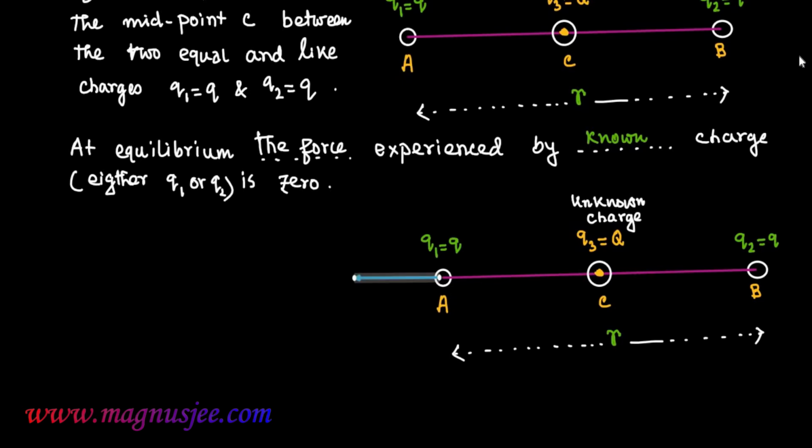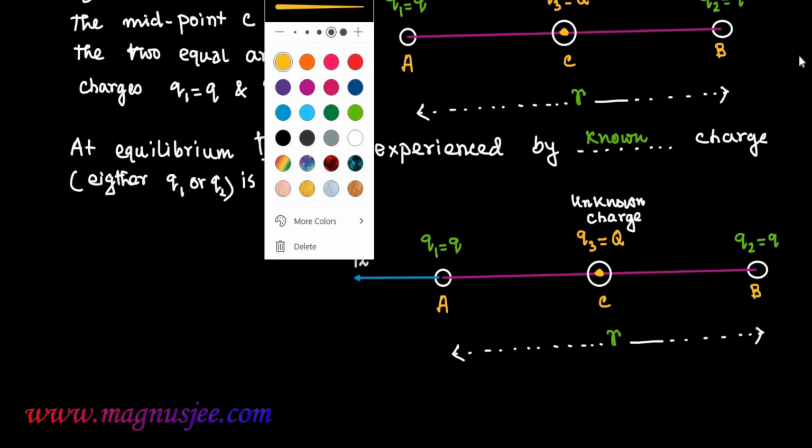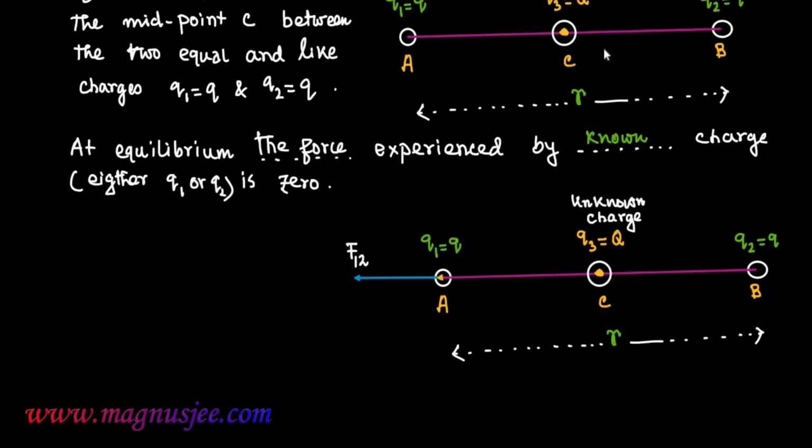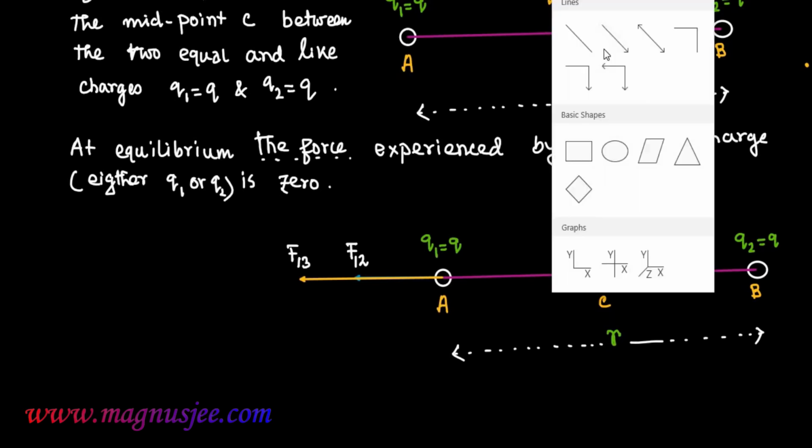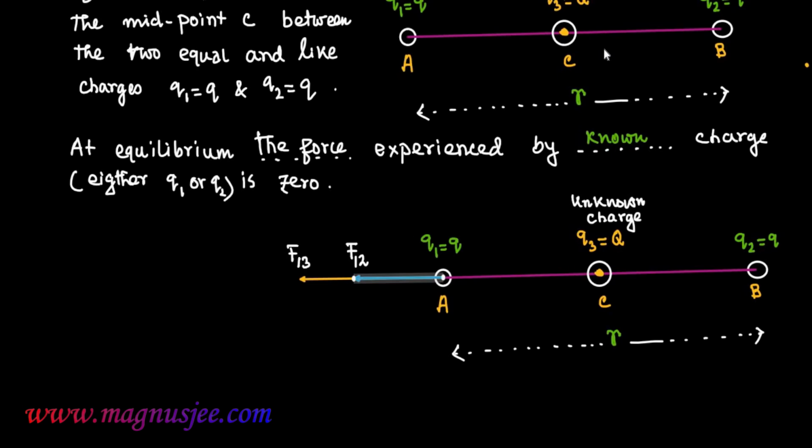Here we can denote two electrostatic forces experienced by Q1 due to Q2 and Q3. F12 is the electrostatic force of repulsion experienced by the charge Q1 due to the charge Q2. Similarly, there is another electrostatic force, F13, experienced by the charge Q1 due to the unknown charge Q3.